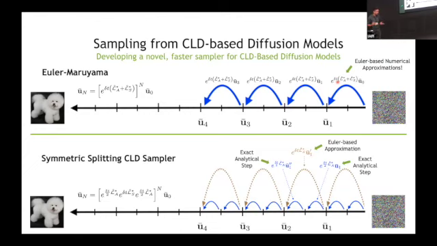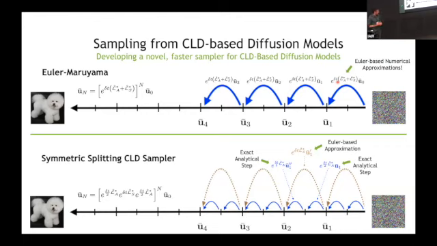This is akin to leapfrog integration in Hamiltonian dynamics. One of these parts can be updated analytically, and only for the other do you have to make an Euler-based approximation. This ultimately gives you higher accuracy.